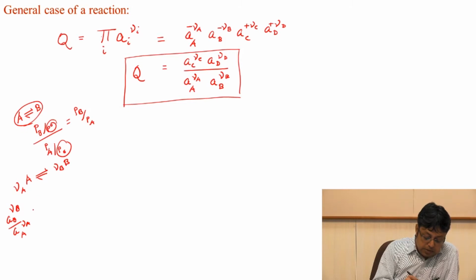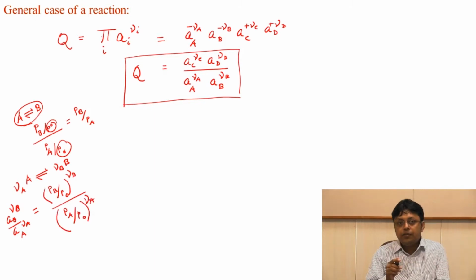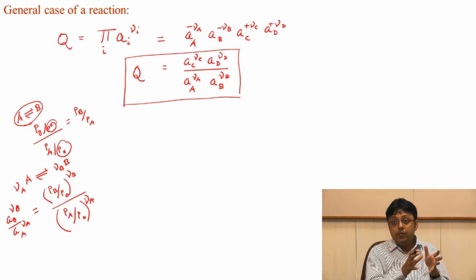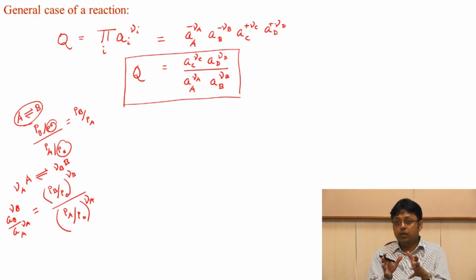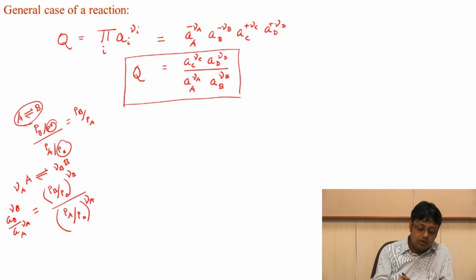So what we can write actually is PB by P0. We have to always take the PB divided by P0 because it's a standard state notation, raised to nu B, divided by PA by P0 raised to nu A. So if nu A and nu B are not equal, then I cannot cancel the P0 terms.